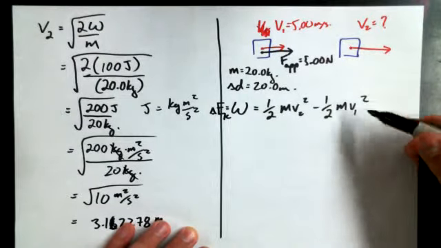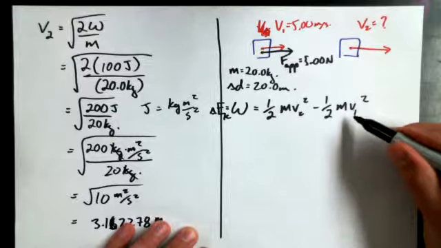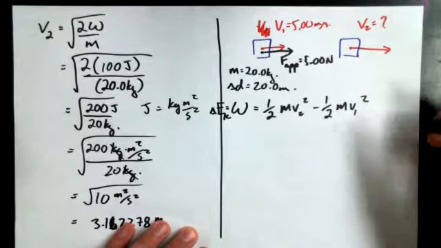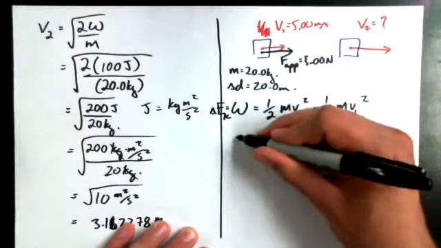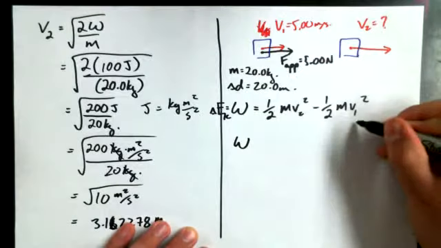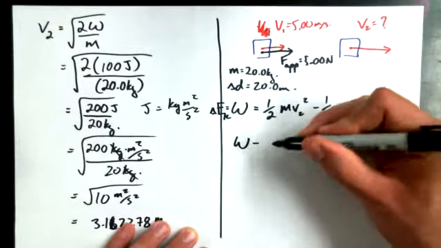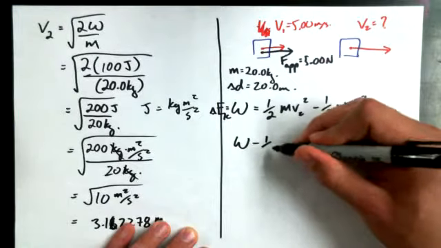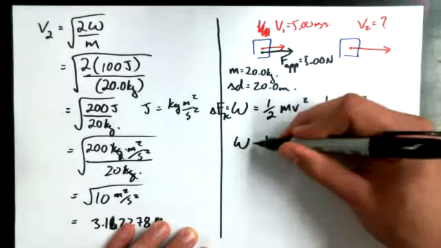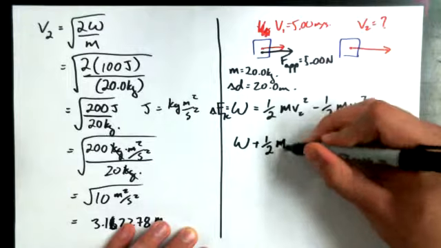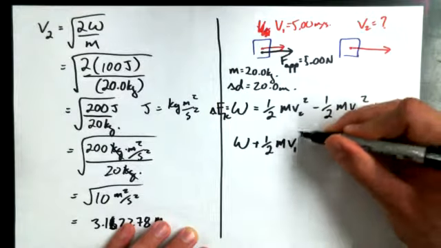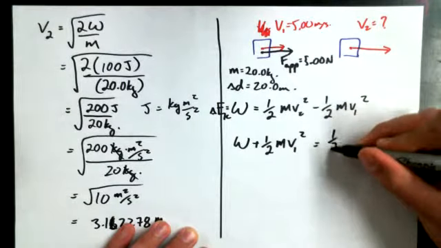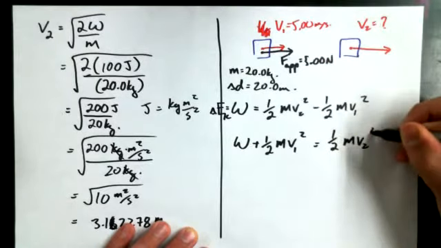The problem is now I can't say that the initial kinetic energy was equal to 0. That's not right anymore. So what I can do is take that initial kinetic energy over to the other side. So now it's the amount of work that you're performing, plus 1/2 mv1 squared is equal to 1/2 mv2 squared.